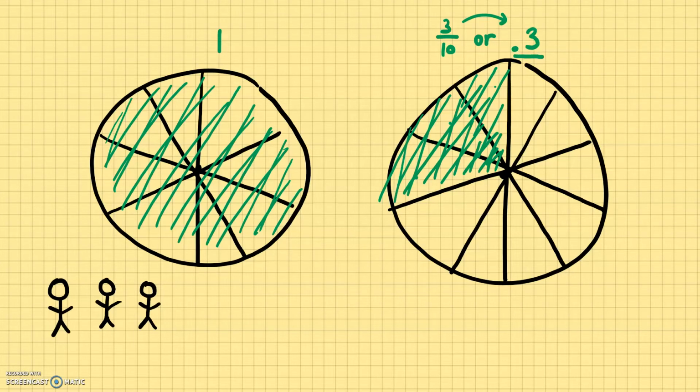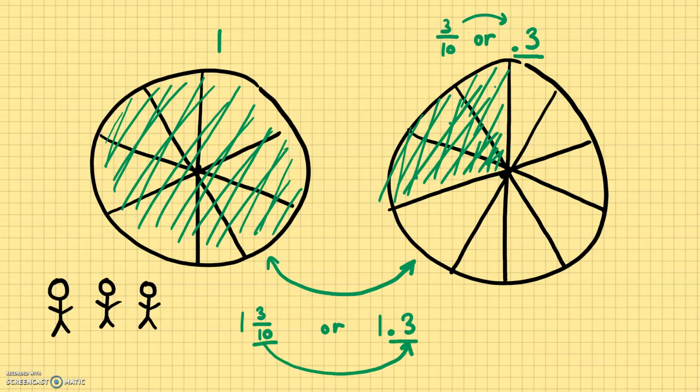Okay, so 0.3 and 3/10 are exactly the same thing. So if we want to write how much pizza the three of us ate altogether, that would be 1 and 3/10. Now this would be the form that you're familiar with for fractions. Or the same thing written another way would be 1.3, because 3/10 is exactly the same as 0.3.